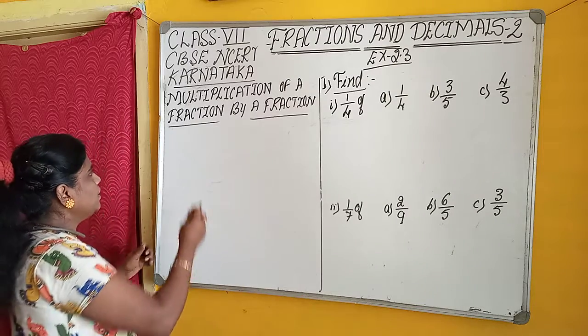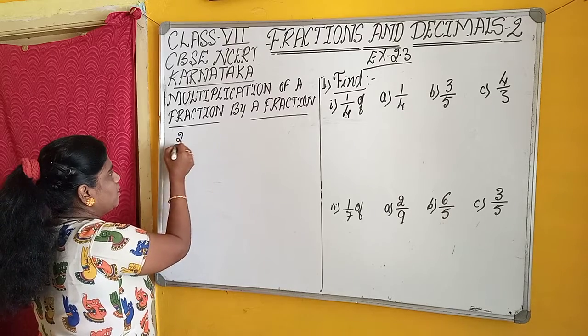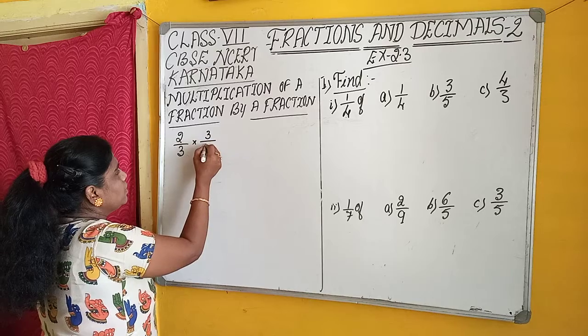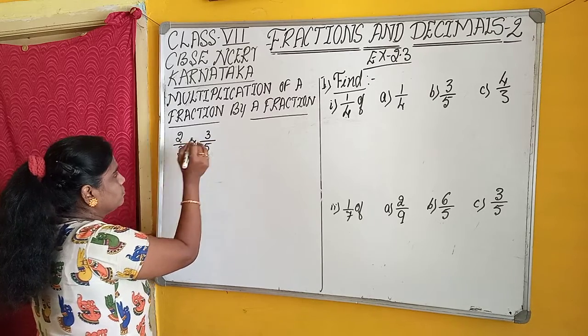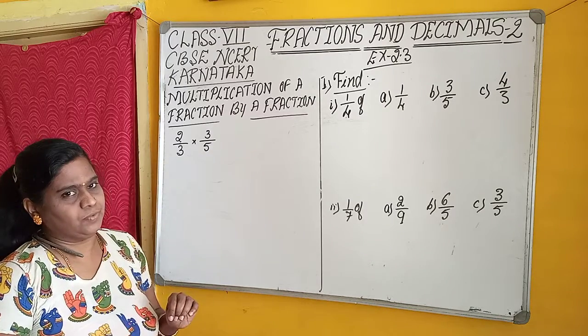For example, consider any two fractions, 2 by 3 and 3 by 5. We have to multiply these two fractions.